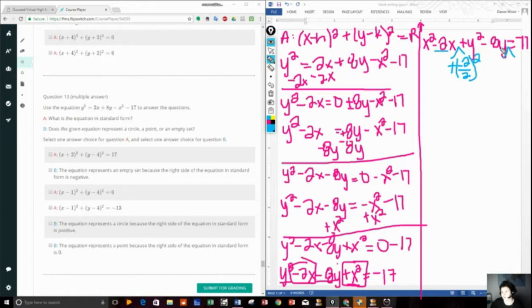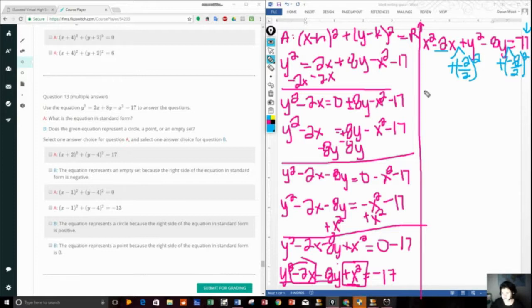And for the y terms, minus 8 is our b, so we're going to add minus 8 halves squared. And I need to add it to this side as well. What you add to the left side of the equal sign, you have to add to the right side of the equal sign.